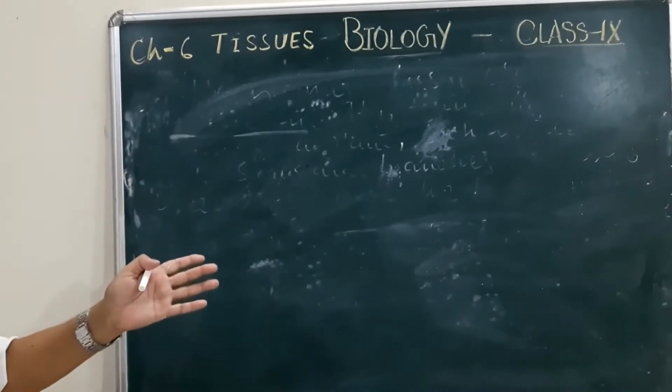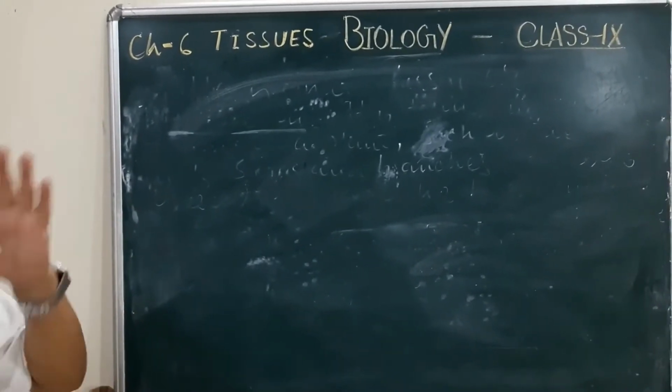Shape of the cell may be polygonal, oval, spherical.